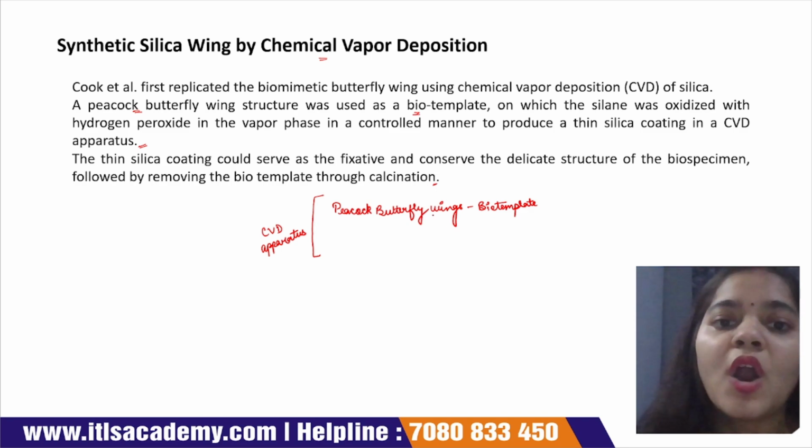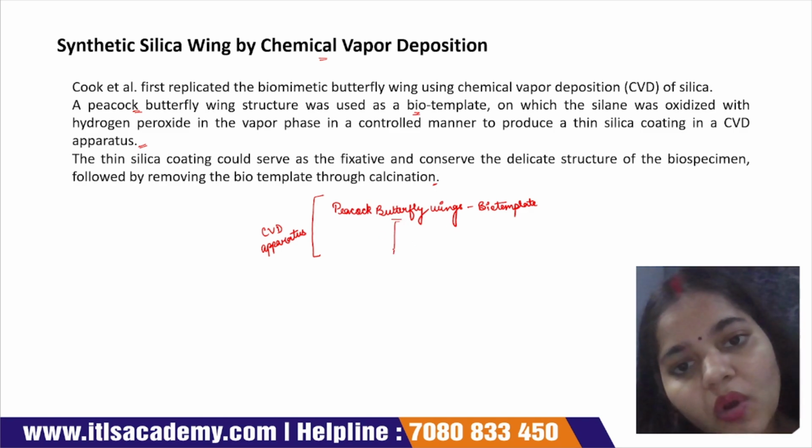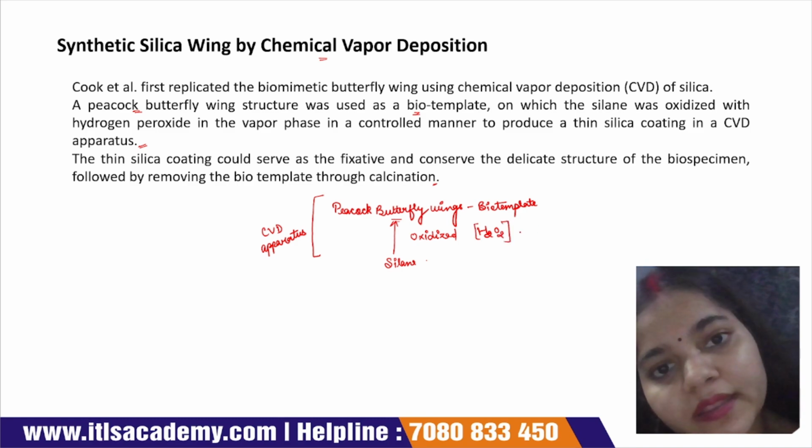On these butterfly wings, silane is oxidized with the help of hydrogen peroxide, and this process is performed in a vapor phase.